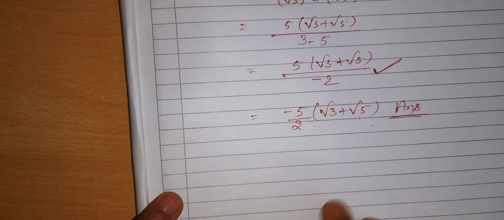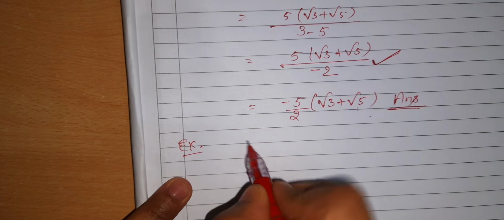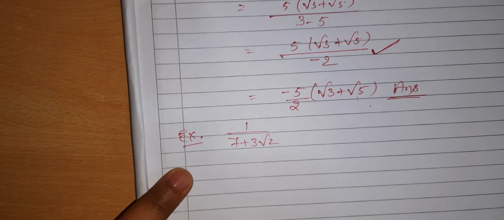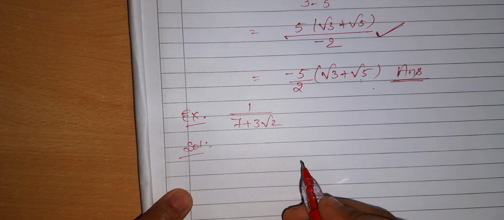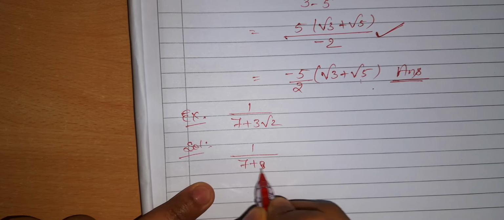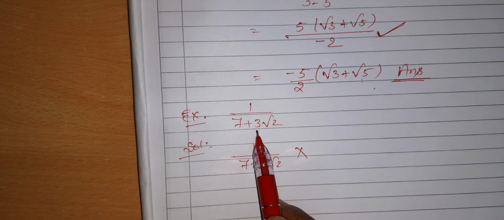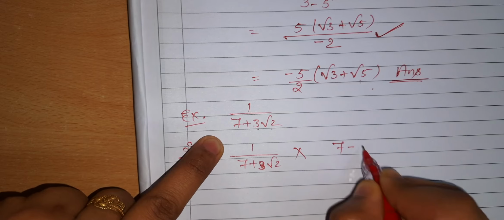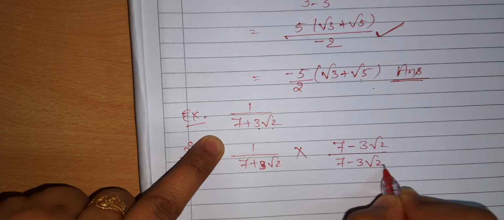Now let us take one more example. The next example is 1 by 7 plus 3 root 2. When we rationalize the denominator, here we have 7 plus 3 root 2, so we'll multiply by 7 minus 3 root 2, as well as divide by 7 minus 3 root 2.